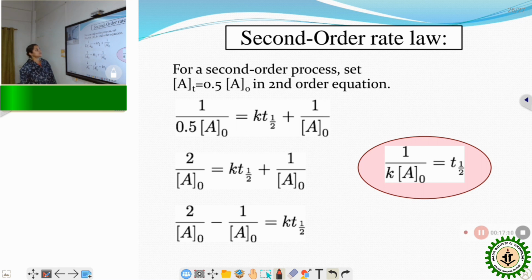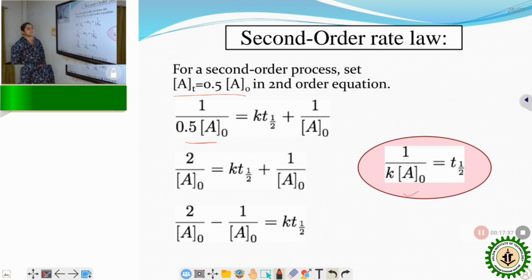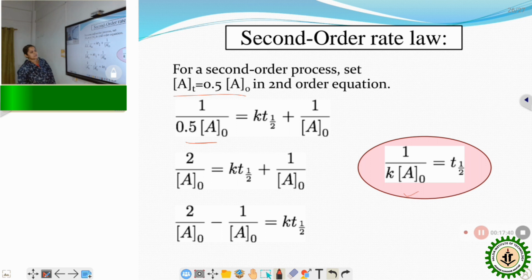And for the second order rate law, if we put the values of At in the second order rate equation, then we can get another expression, that means 1 by k into A0 will be equal to T-half, and it is dependent on the concentration of the initial reactant molecule. So from this T-half expression we can calculate the time required for the 50% conversion of the reactant molecule to the final product molecule.